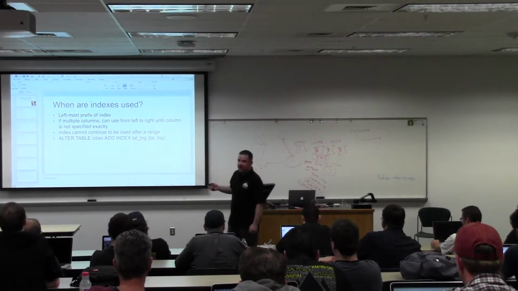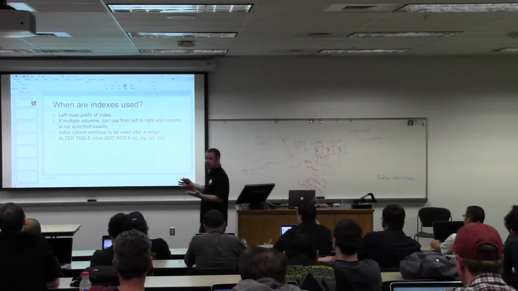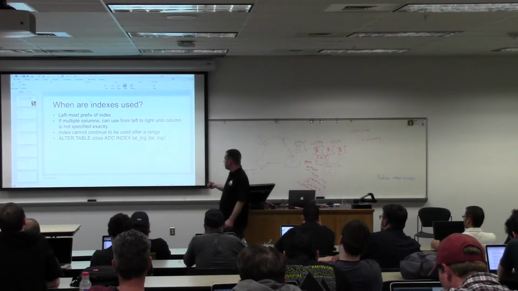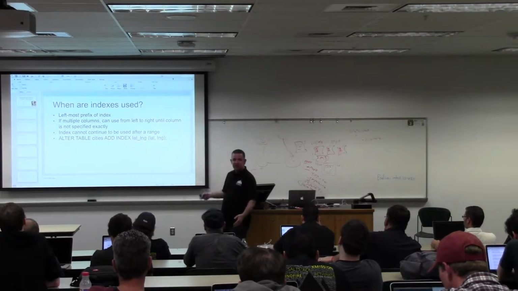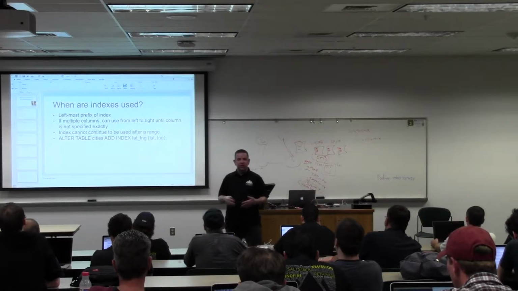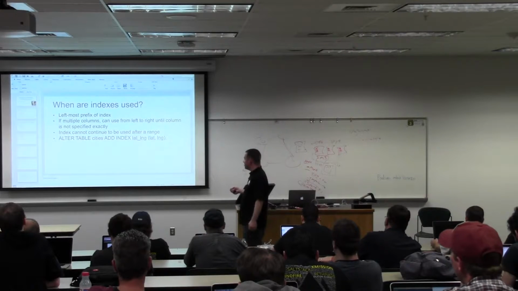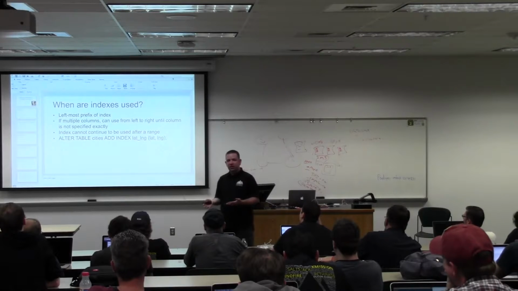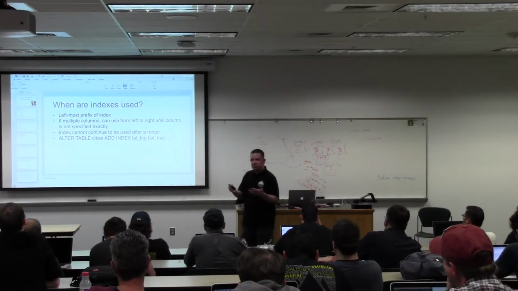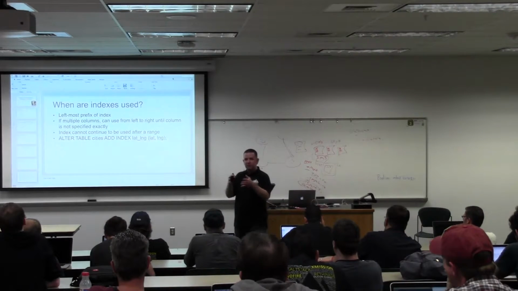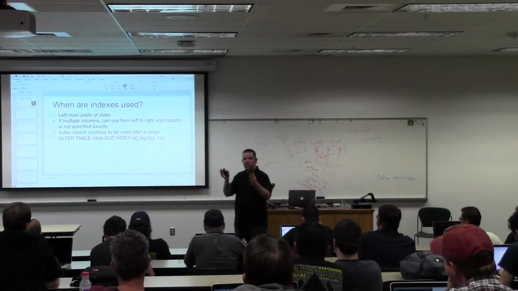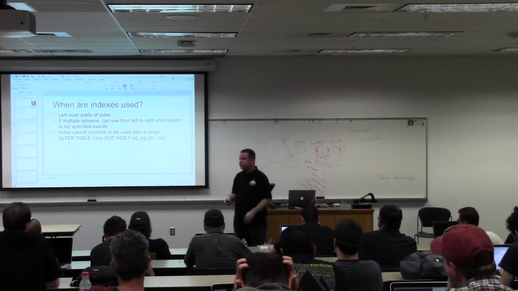Okay, so after a range, it's not going to be able to use the next part of the index, like I explained. This was an example I saw at a company I was working for. When I got there, I saw this index and I was trying to think, when would that index ever be used? Because we were looking up points on a map. You say, okay, I'm showing this area, let me know all the points within that area.